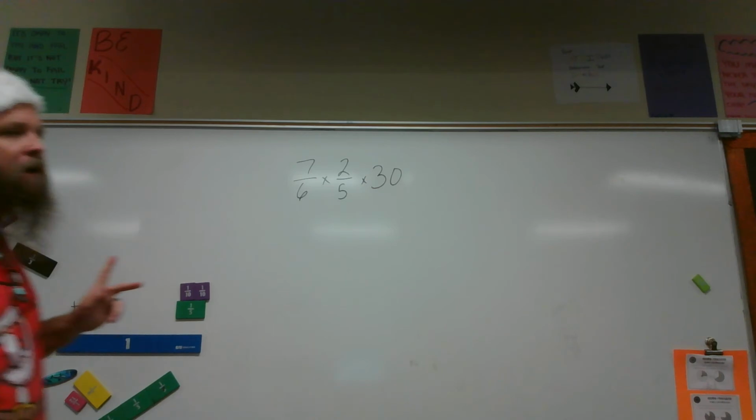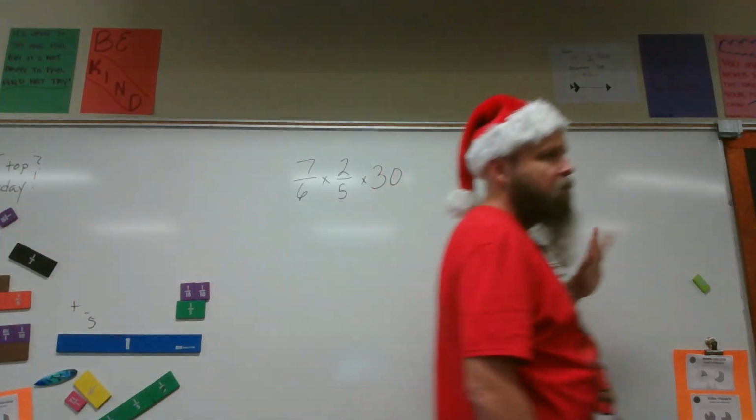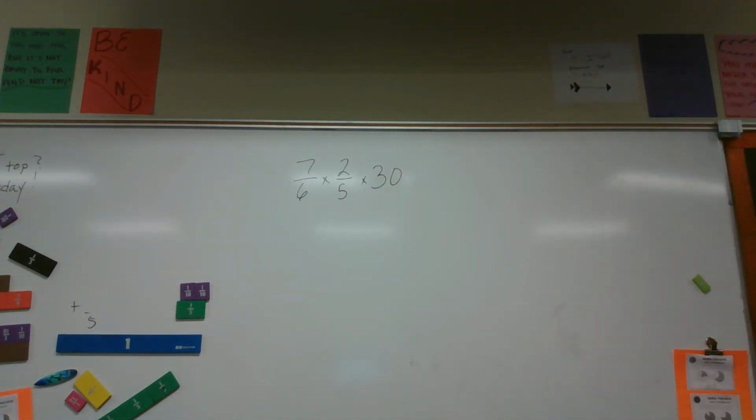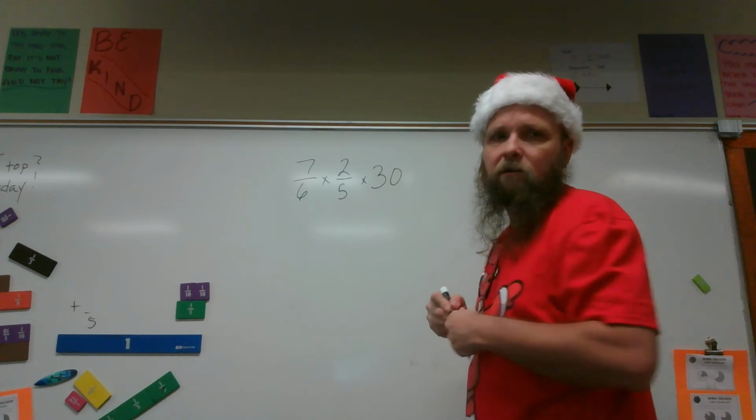Now I had some freaking out yesterday. The people that were freaking out were because 7/6 was improper and they thought they had to change it. Well, you do not have to change it. You do not change the improper fraction to a mixed number until you get to the answer.